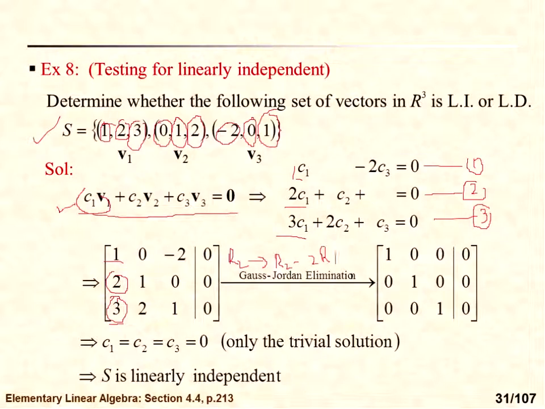So there are some row operations that we have to apply: R2 = R2 - 2R1, and similarly R3 = R3 - 3R1.